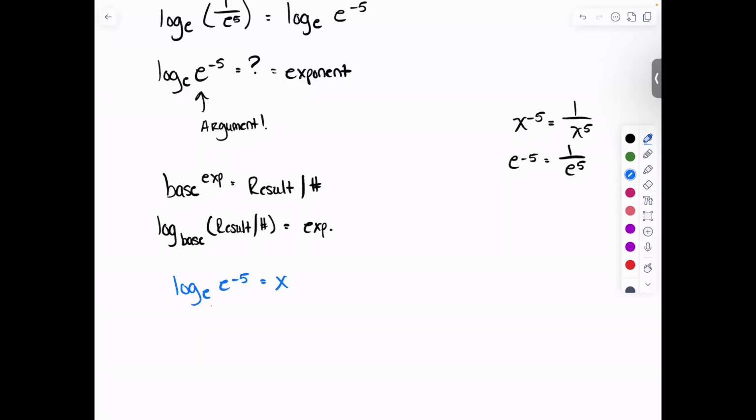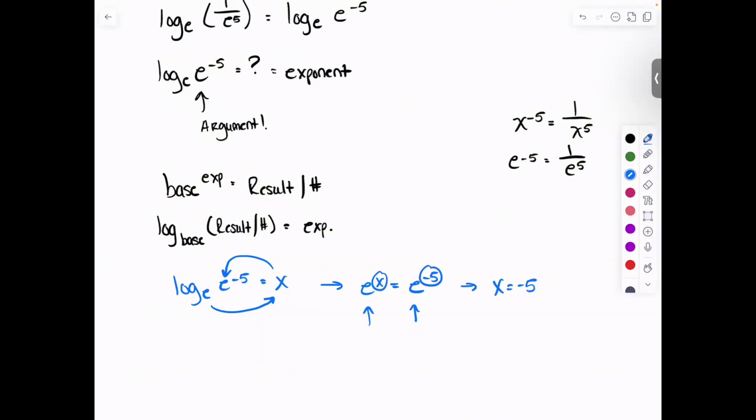I can take e to the power of x equals whatever's in this space, and it happens to be e to the negative 5th. So I'm going to switch my log form to my base form and say e to the x equals e to the negative 5. We have the same base, so essentially our exponents must equal each other, and here x equals negative 5.